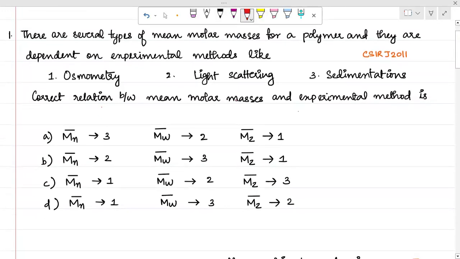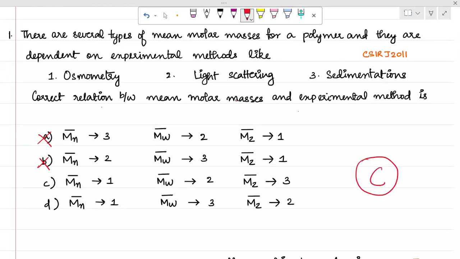The next one is light scattering, which is used to find weight average molecular weight. So Mw matches to 2 and Mz matches to sedimentation. The correct option here is C.